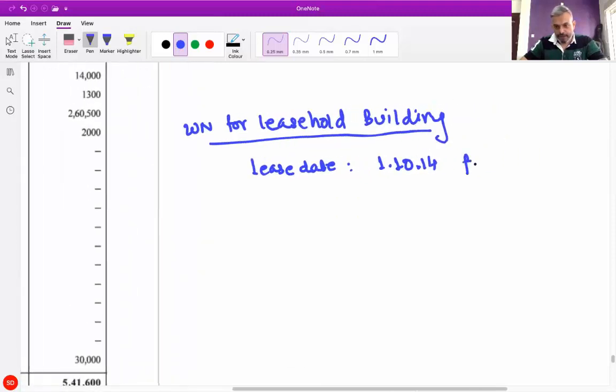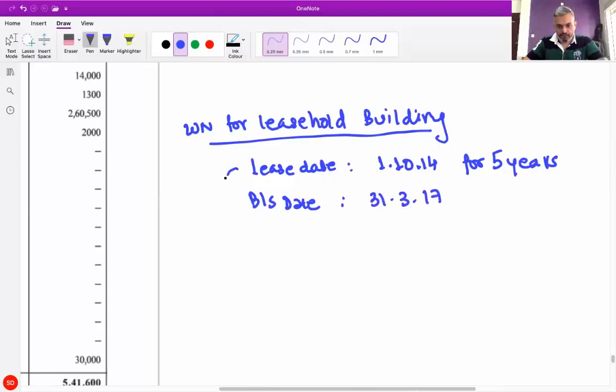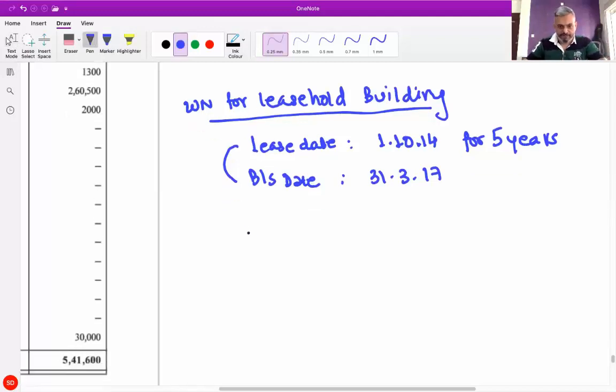It is for 5 years. Our balance sheet date 31/3/2017. So we have to see how much lease has already we have written off, how much lease is still to be written off. So let's start.